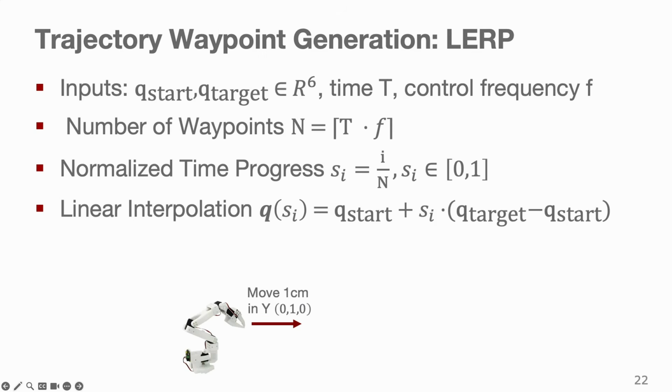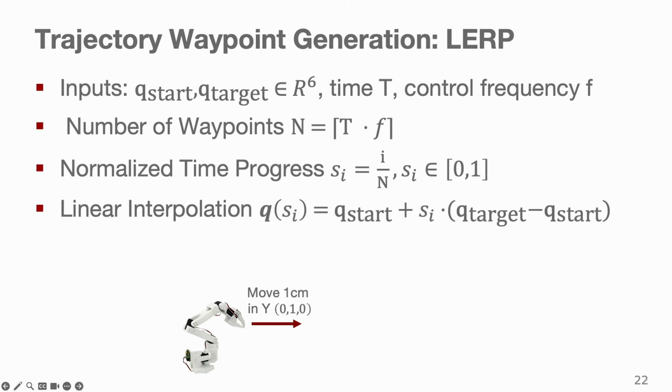So the most simple way you could think of to do this would be just doing linear interpolation, where we treat the joint space as a straight line. We also need to define a time, the time we give our controller to reach that end pose.